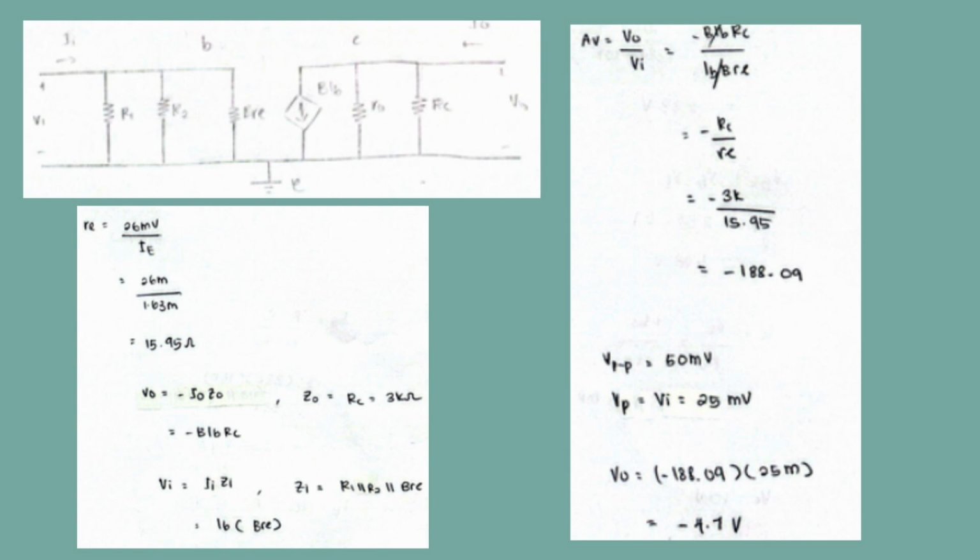To get voltage gain equals VO over V in, we do some math here and then we can get negative RC divided by RE. Then we can get negative 188.09.